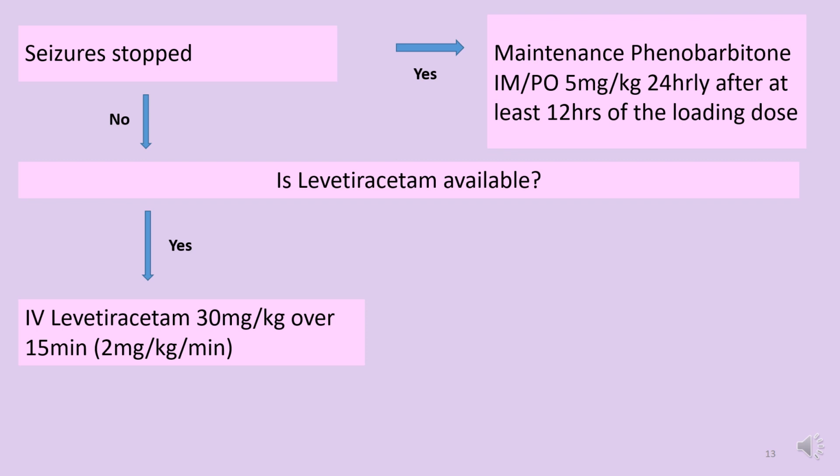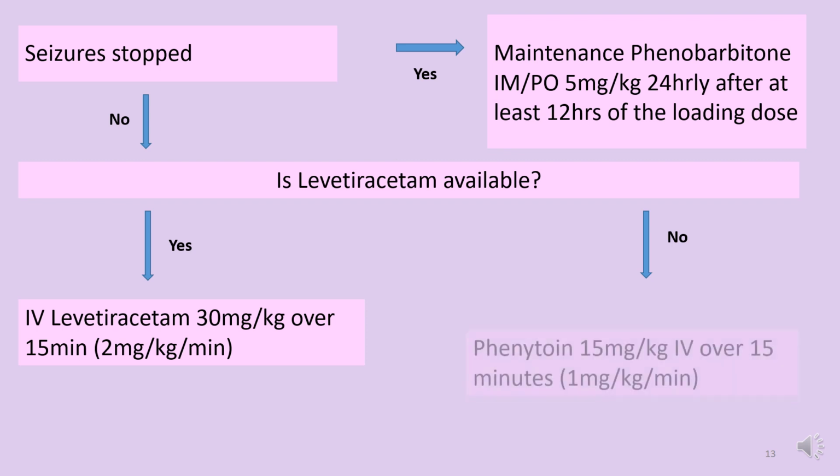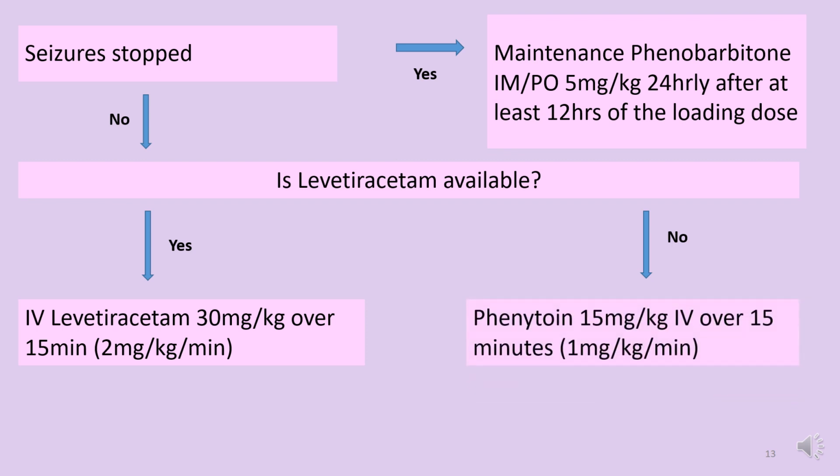In case levetiracetam is not available, then your other option will be phenytoin. Again, you'll give an intravenous infusion of phenytoin at a dose of 15 milligrams per kg over 15 minutes.